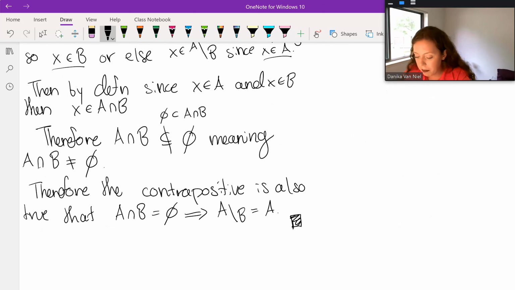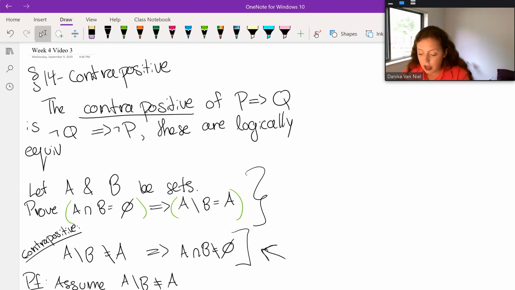Because if we remember back to the beginning, if you take the contrapositive twice, you just end up back where you were, right? So you flip, and you flip back, but you also negated both of them, and then negated them again. But if you remember, back when I first introduced negations, I think it was in that first video, we know that if you negate something twice, it's the same as its original. Okay?